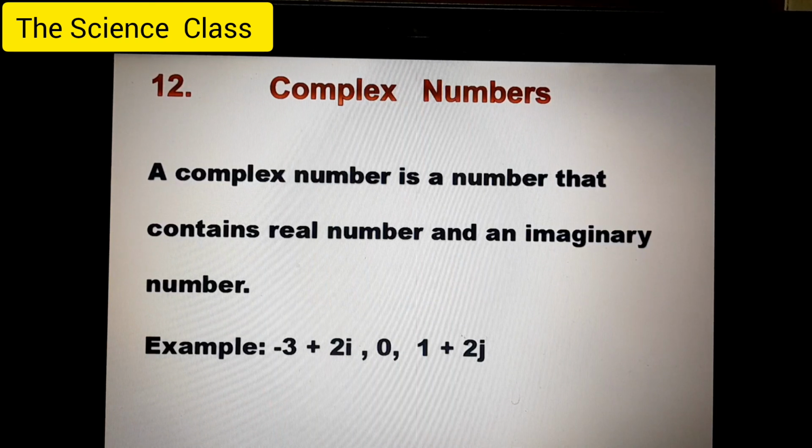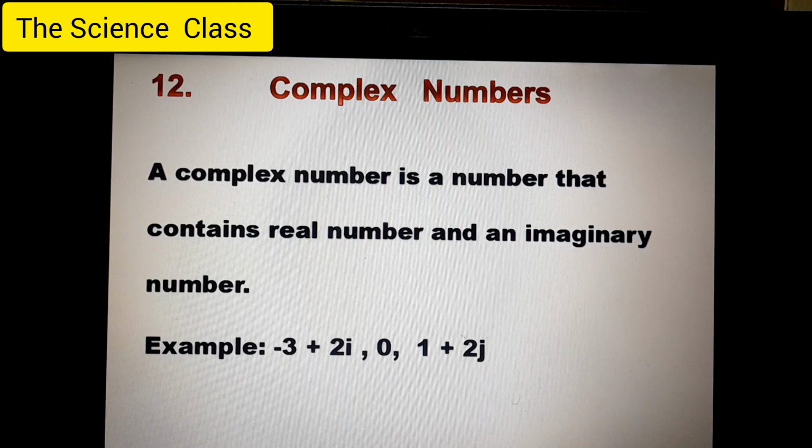The last kind of number we're going to be discussing today is a complex number. A complex number is a number that contains a real number and an imaginary number. Example, minus 3 plus 2i. It's a complex number. 1 plus 2j.